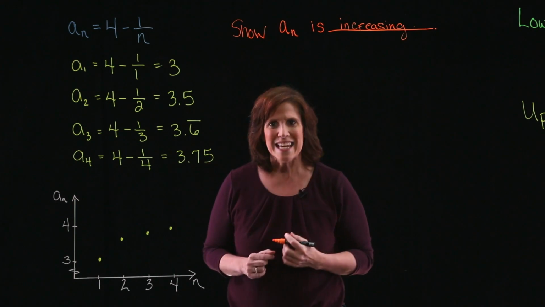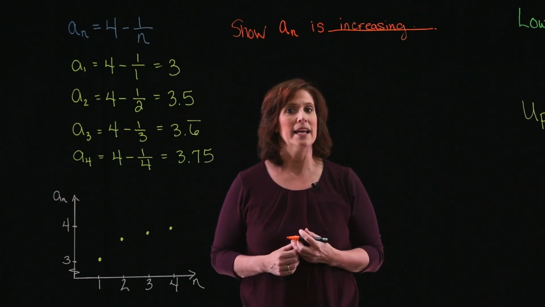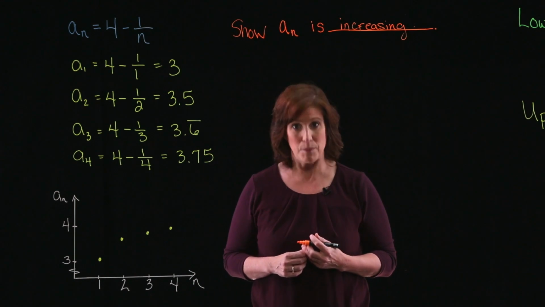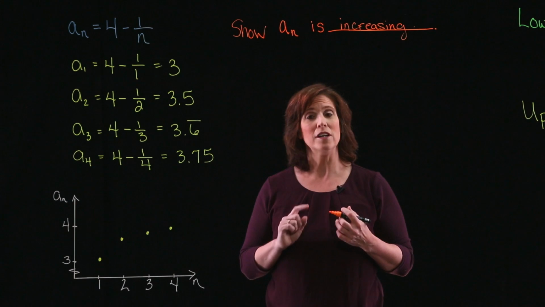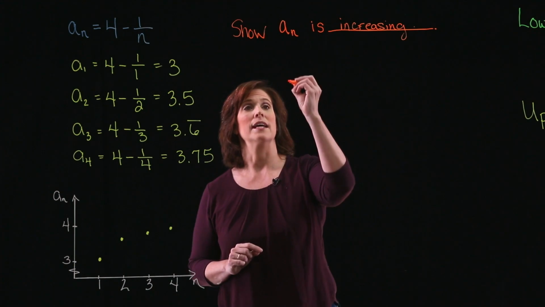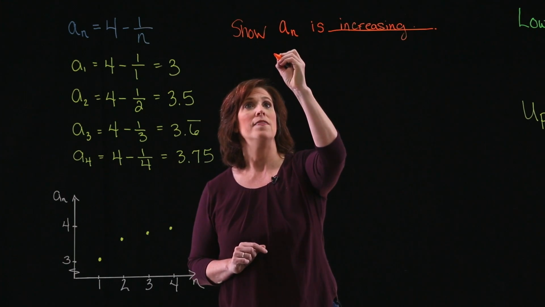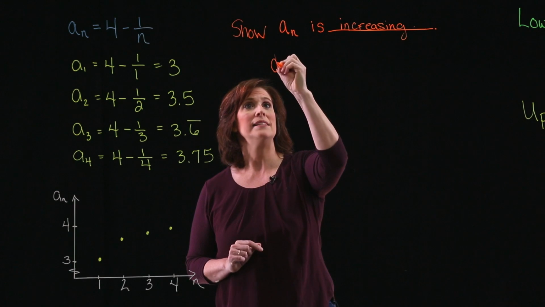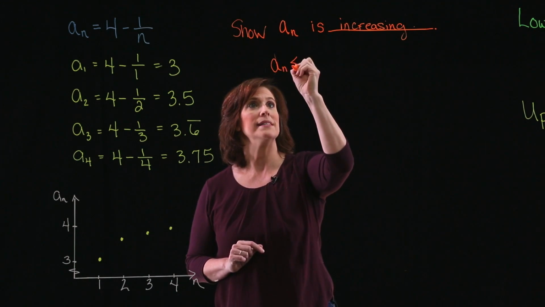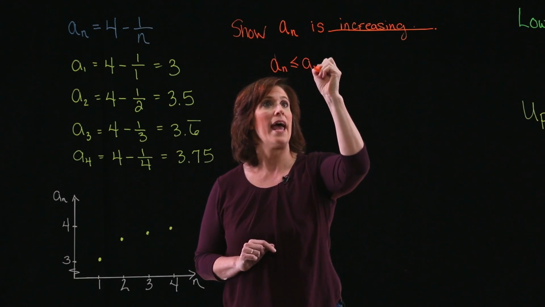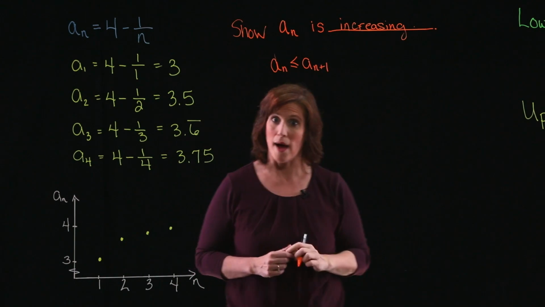Now, just because I think it's increasing isn't a proof that it will always be increasing. So in order to show that my sequence is always increasing, I need to show that a sub n is always less than or equal to a sub n plus 1.